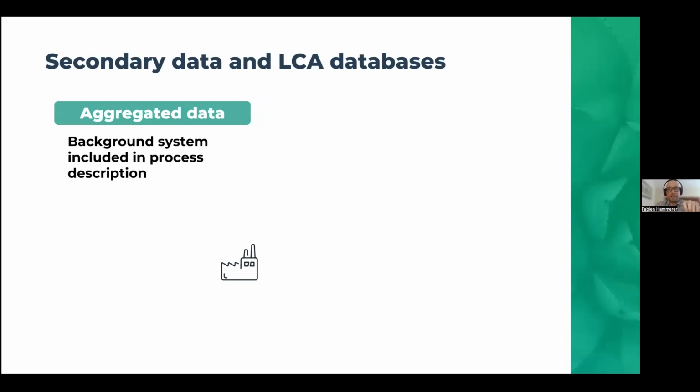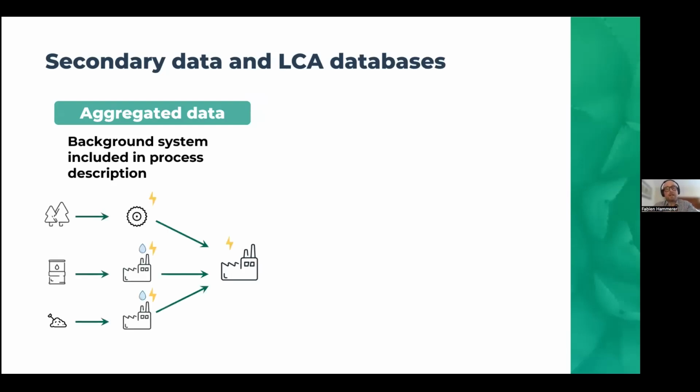When you select that tractor wheel entry in the database, the impact already includes everything that comes upstream from this. That means that you don't have to go and look yourself for what the tractor wheel making industry looks like. You just use it like this.